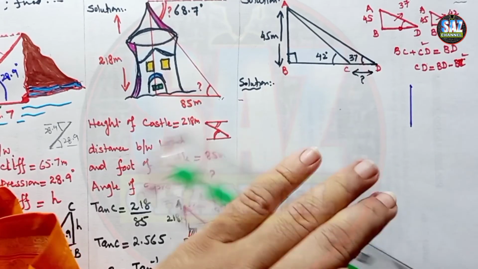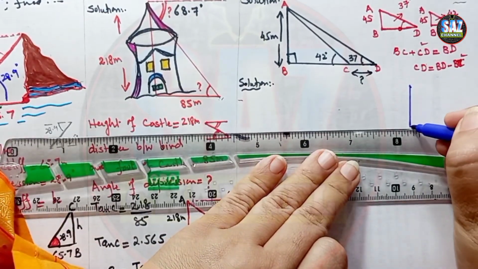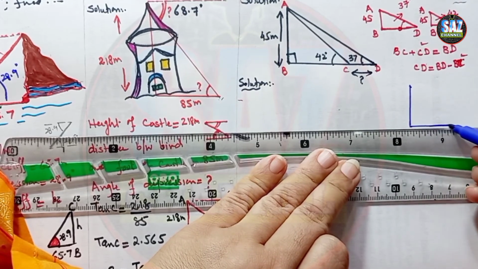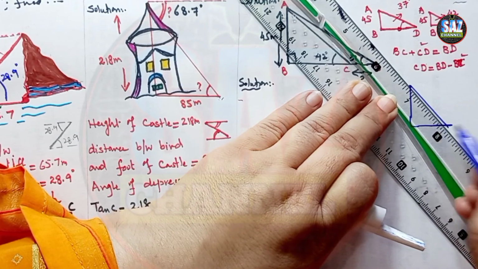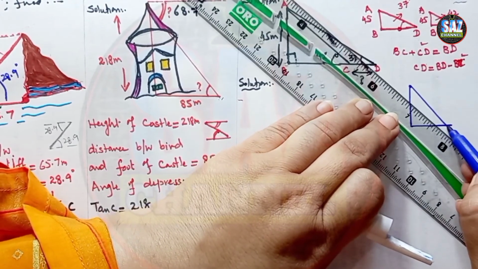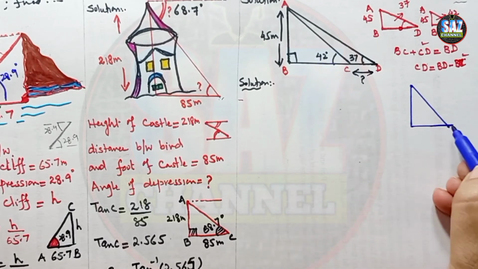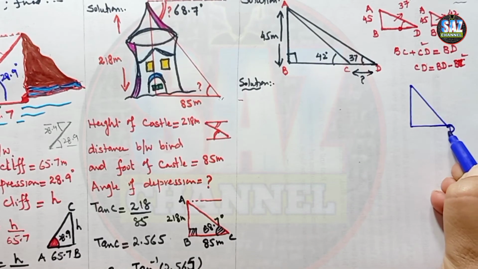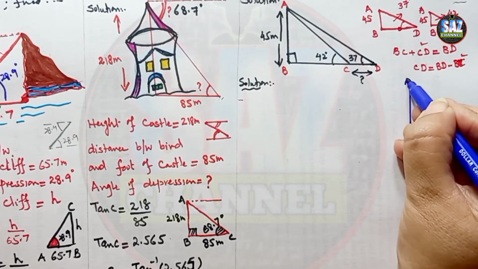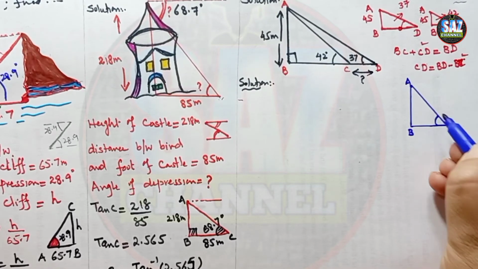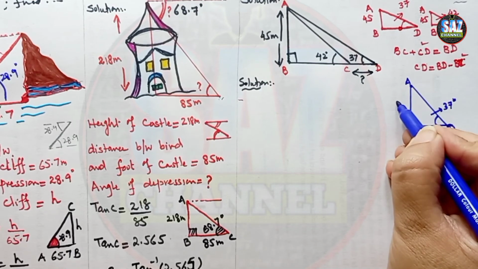Let me make a rough sketch here so the students can understand the question easily, and let me join these two points as well. This is vertex D, so let me mark it with D, this is B and this is A. Here we have a 37 degree angle, and this is 45 meters.